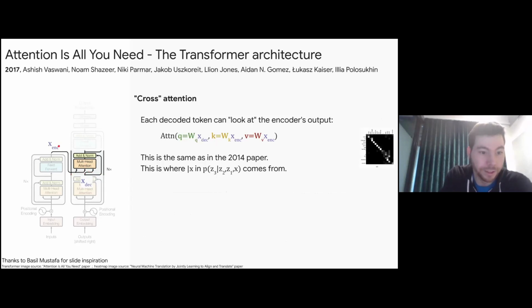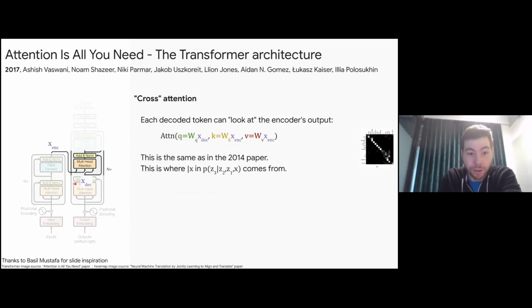Here is where the sentence to translate comes in. This is the cross attention. So the original sentence we want to translate comes in, and this is cross attention, or regular attention. The tokens from the decoder now become the queries, and the encoder becomes keys and values.